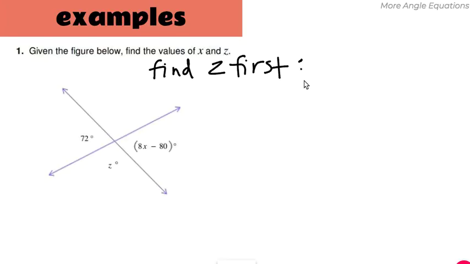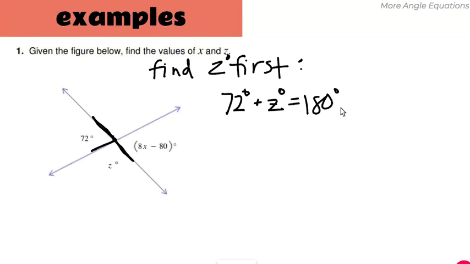So if we want to find the z first, here's what we would do. If I look at 72 degrees and z degrees, do you see how these add up to 180? That gives me my equation to solve. 72 plus this angle has to equal 180.